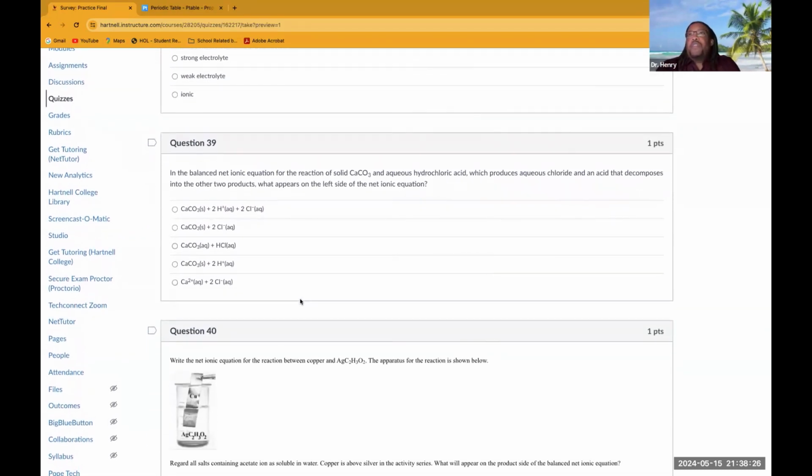Okay, in 39, it says, in the balanced net ionic equation for the reaction of solid calcium carbonate and aqueous hydrochloric acid, which produces aqueous chloride and an acid that is decomposed into two other products, what appears on the left-hand side of the net ionic equation?